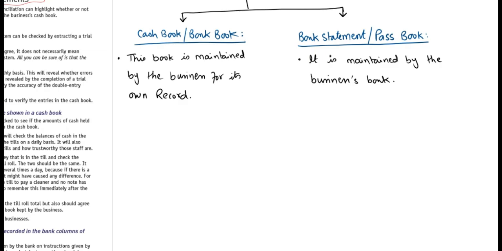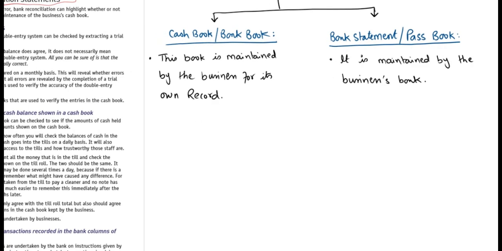Now, further talk about the cash book. What information will we record in our cash book? The cash book by default has a normal or favorable balance, that is the debit balance.